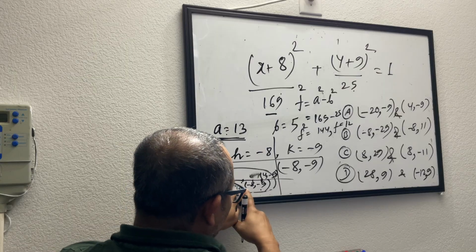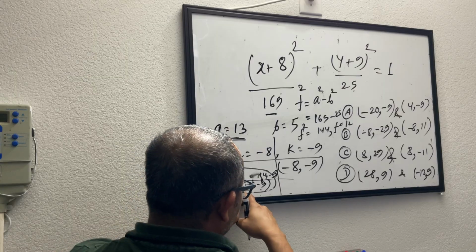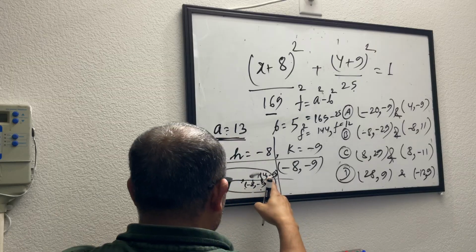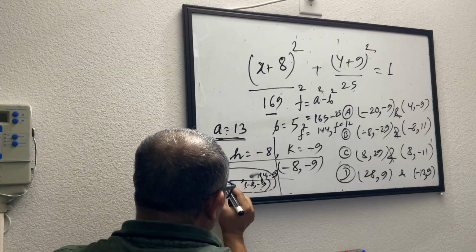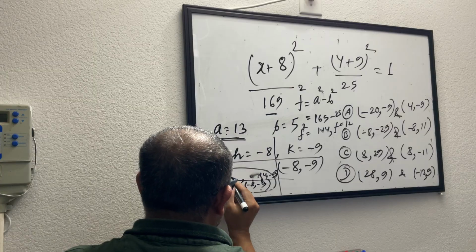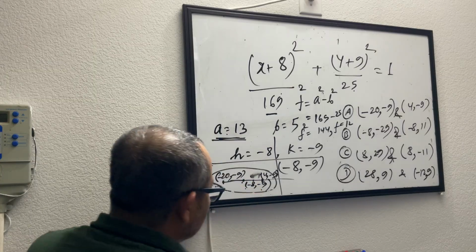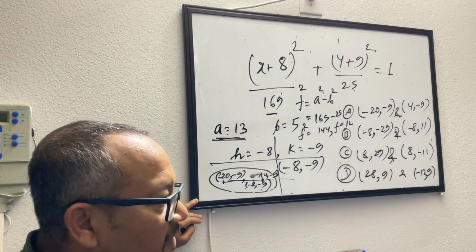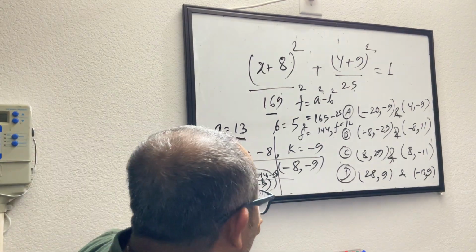When I decrease by 12, minus 8 minus 12 is minus 20, and the y coordinate doesn't change. So that is how it will be.